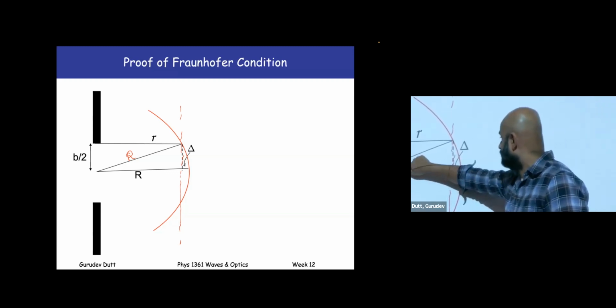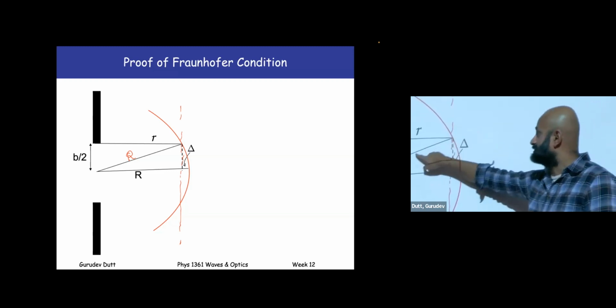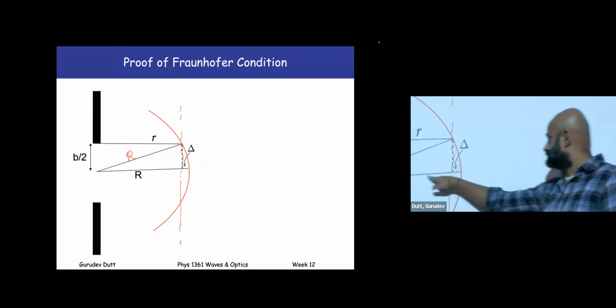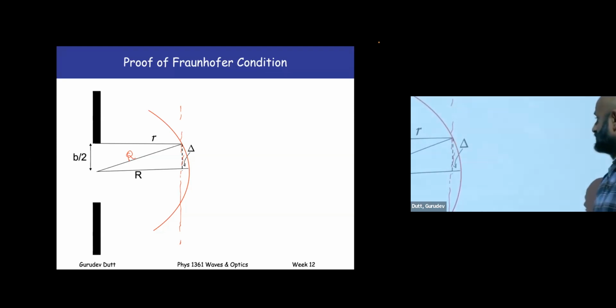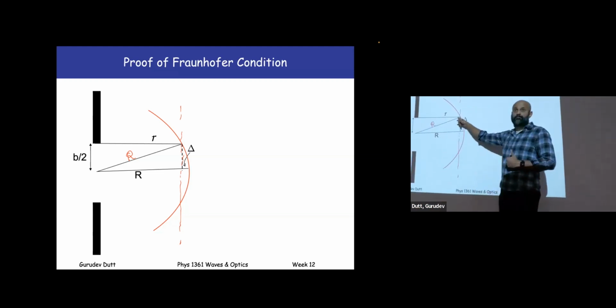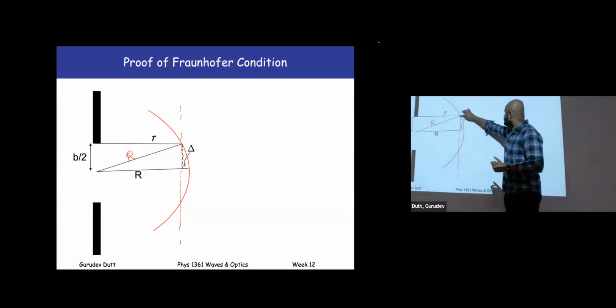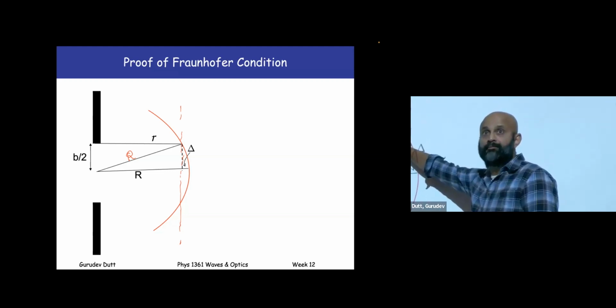So if this is a spherical wave from the center and this is a spherical wave from the edge, they travel slightly different path lengths. One travels the distance r, capital R, which of course this is the spherical wavefront that's coming from that central region, and this one travels only a distance smaller. Now, if capital R and small r are different, right?